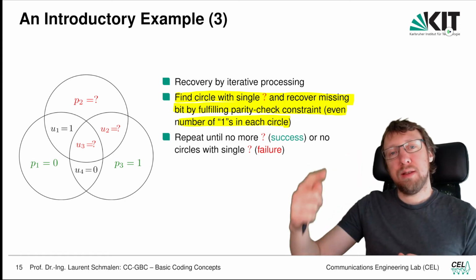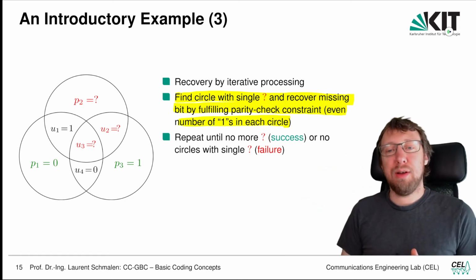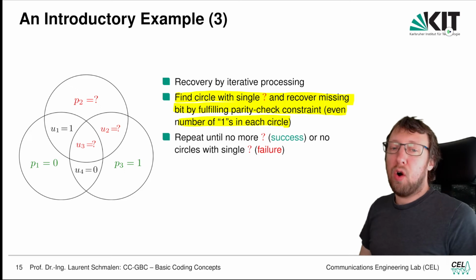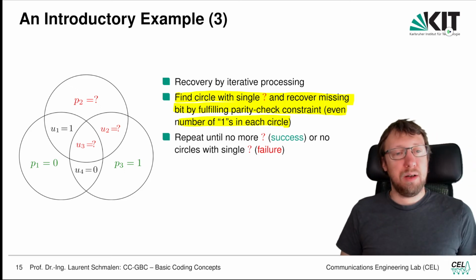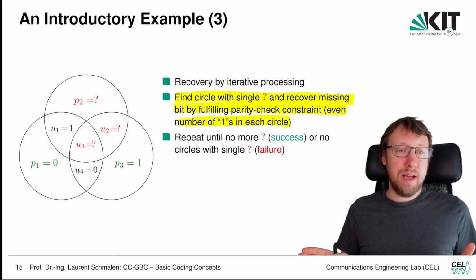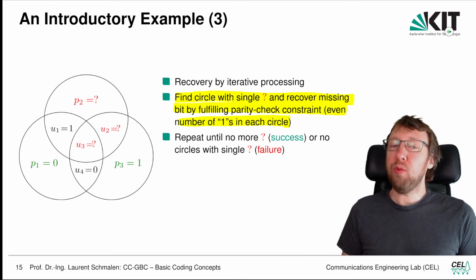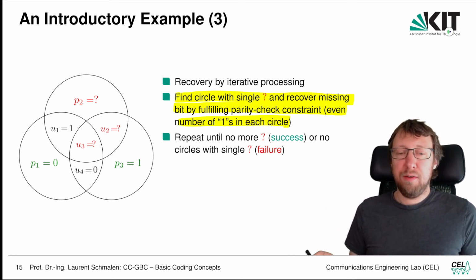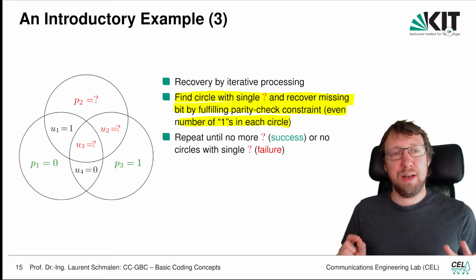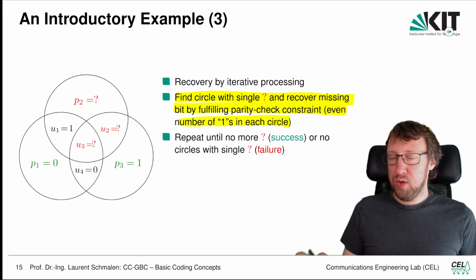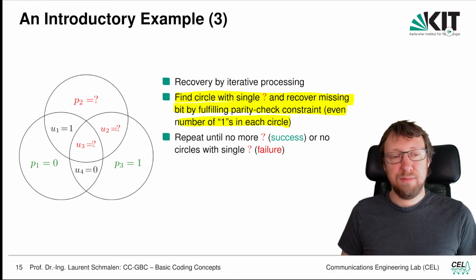And we just repeat this process until there are no more question marks or no more circles with a single question mark. This is essentially the decoding algorithm that we're going to use for very advanced codes. It's a very simple decoding algorithm, but we're going to use it for very advanced codes.